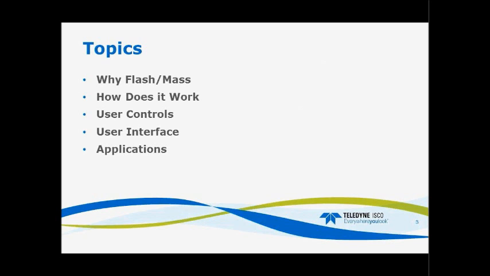Some of the topics we're going to cover today are why flash mass, how it works, some of the user controls that the user has access to, an example of some of the user interfaces, and then some applications showing the applicability and what you gain from flash mass.